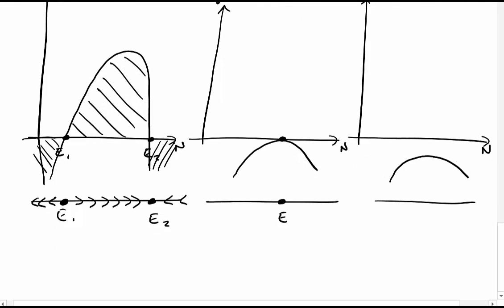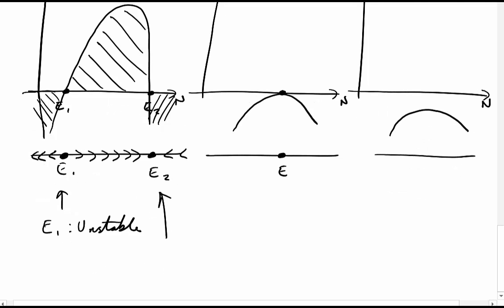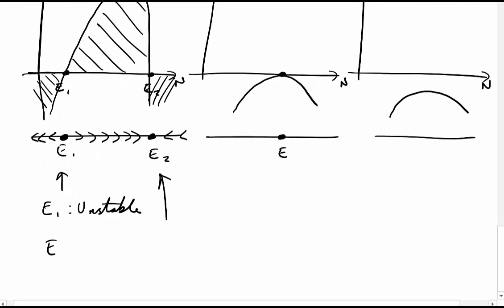So we can see that E1 in this case is unstable, and because all the trajectories are moving towards E2, we can say that E2 is asymptotically stable.